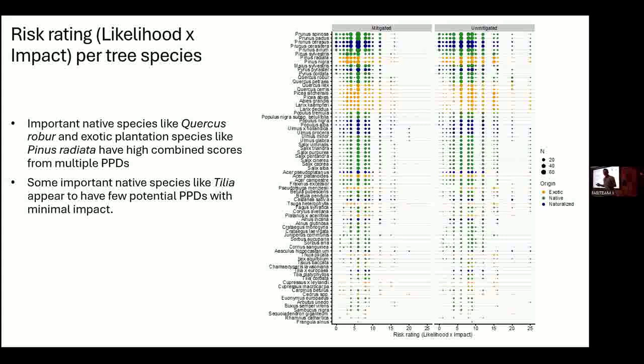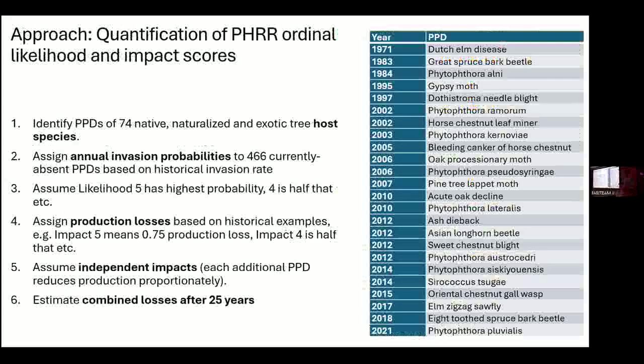That's all very well, but at some point we have to try and turn qualitative ordinal estimates into actual risks and percentage impacts. Okay, right, so first of all, let's look at the risk of arrival of these things. We have this list of known arrivals since the 1970s of new pests and pathogens.